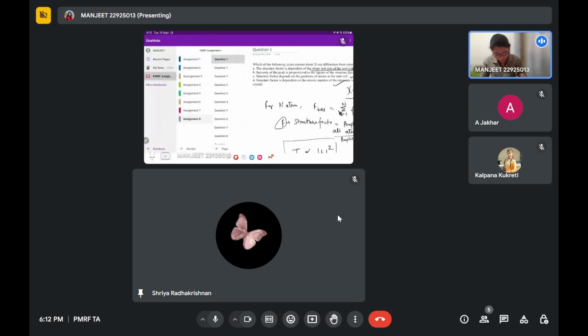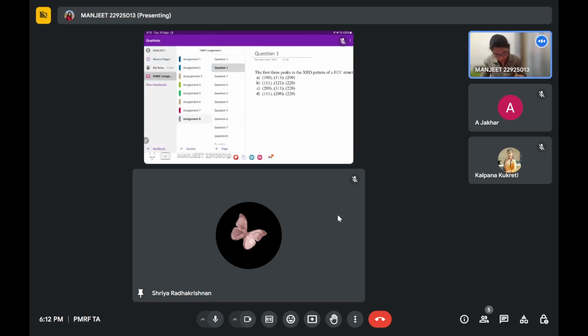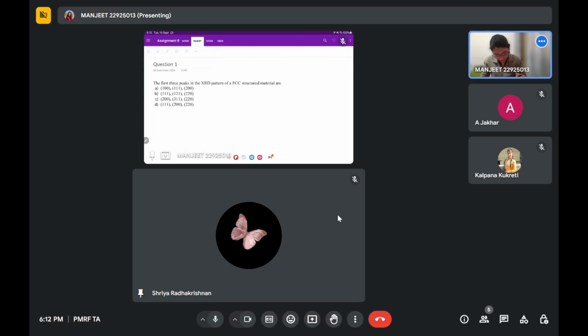Let's move to question number two. In question number two, it is asked about the first three peaks in the XRD pattern of an FCC structure material.